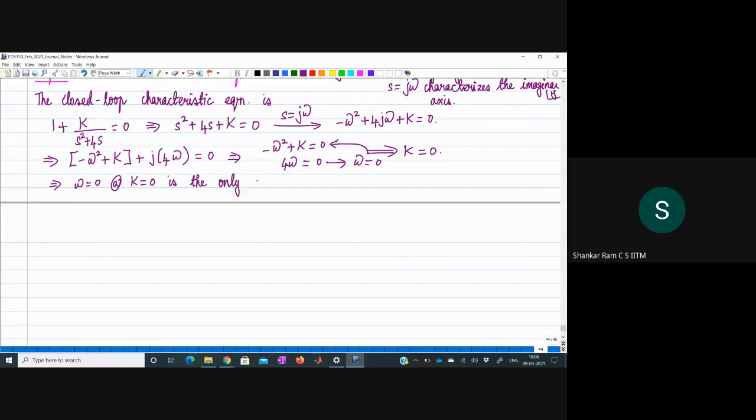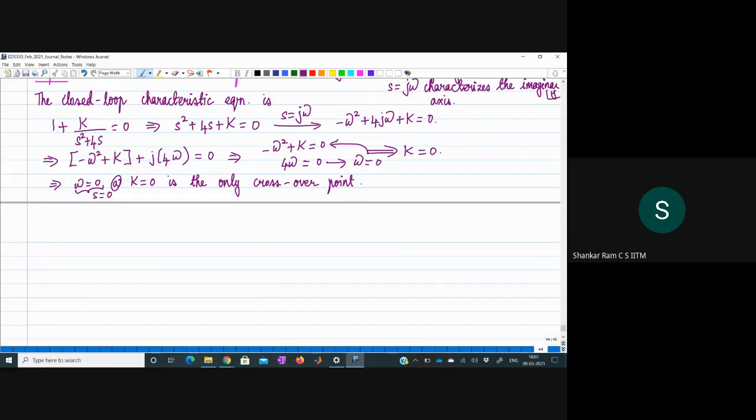But this seems very trivial. But not quite so. What we get out of this, we are going to shortly discuss. If omega equals 0, this means s equals 0, because s equals j omega. We are considering points of the form j omega when we are dealing with this.